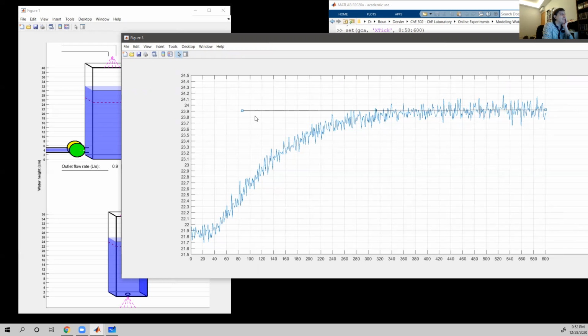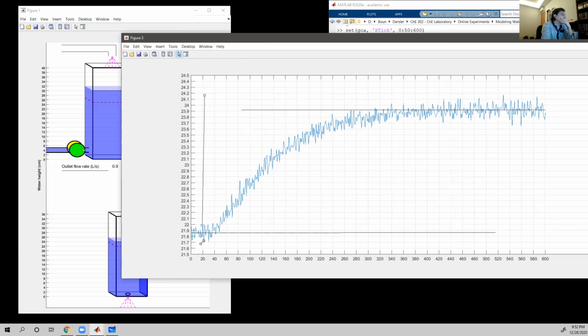In the presence of noise, it's a little bit difficult to exactly see what's going on, but I especially wanted to show you that. So we have that value here, and the initial value is somewhere here. Okay, and then we need to get rid of the period where we don't have any change in the manipulated variable.